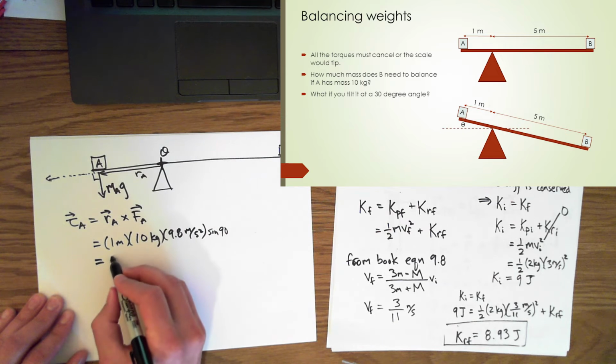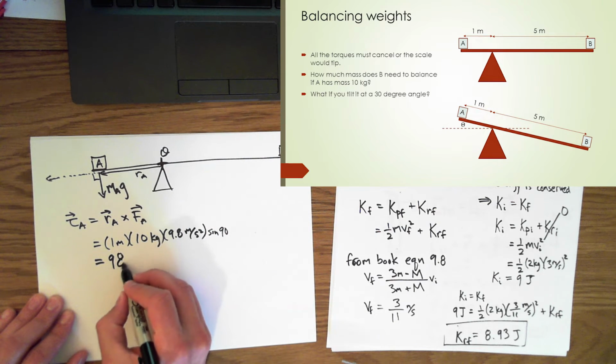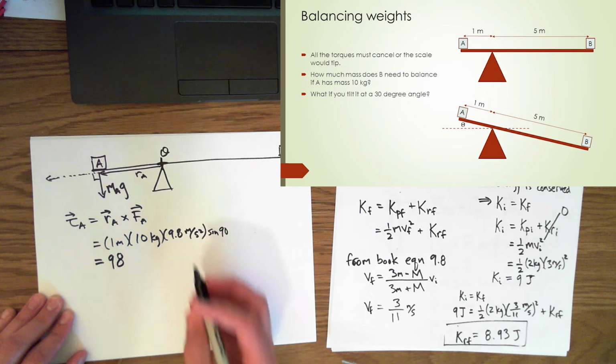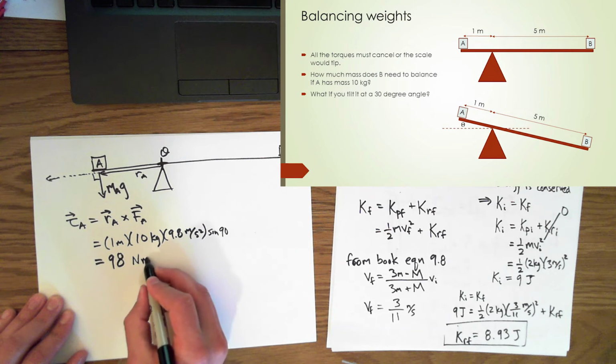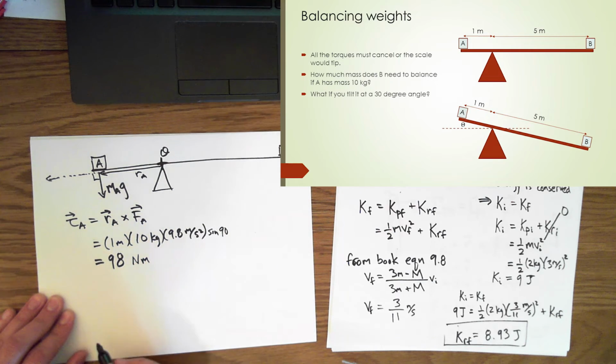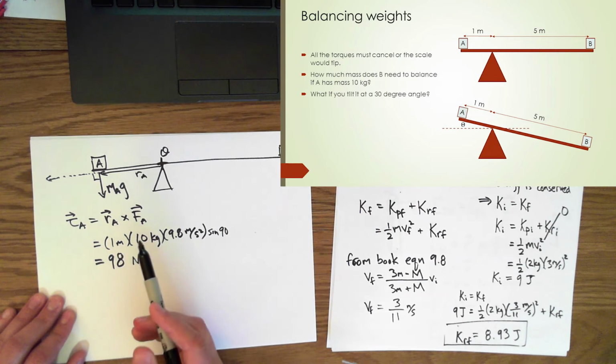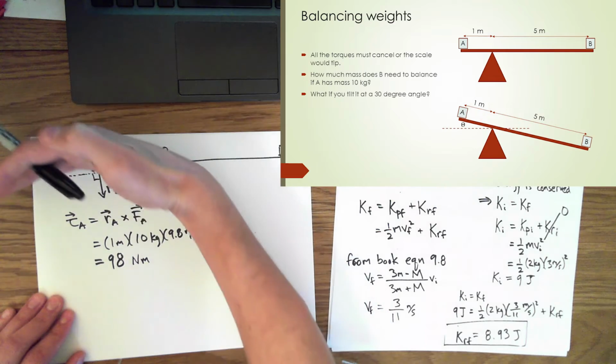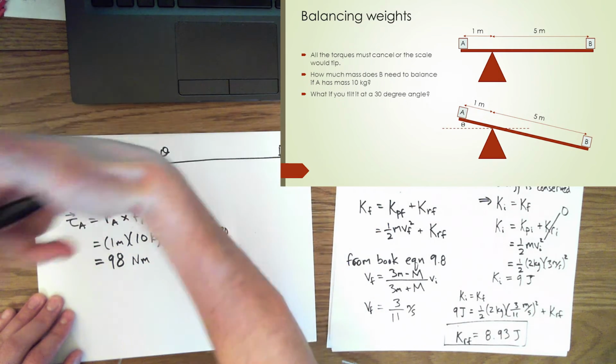So this is 98 Newton meters. Force times distance, Newton meters. And the direction of that vector, if we follow what we learned before, would be pointing up out of the page.